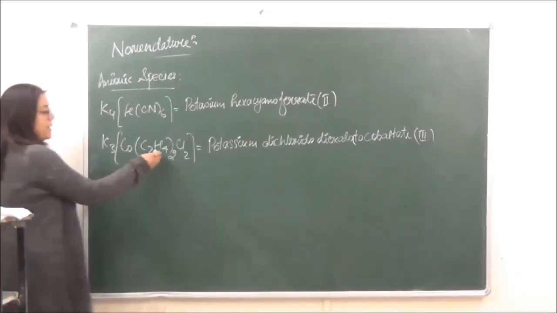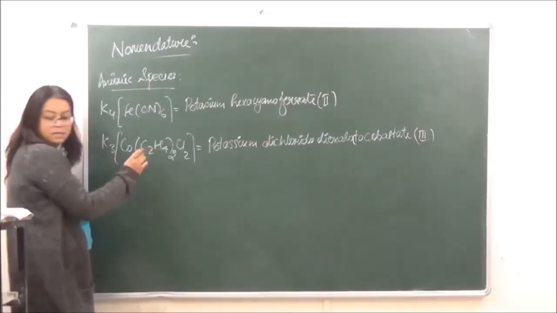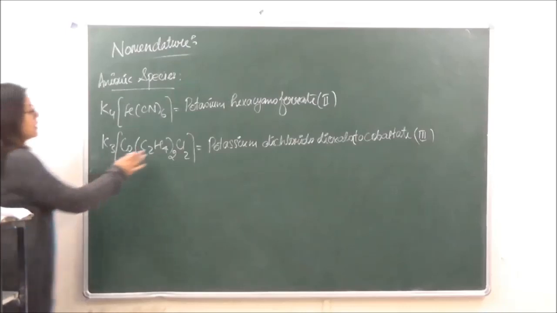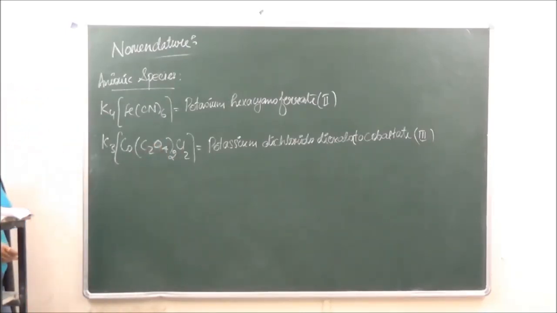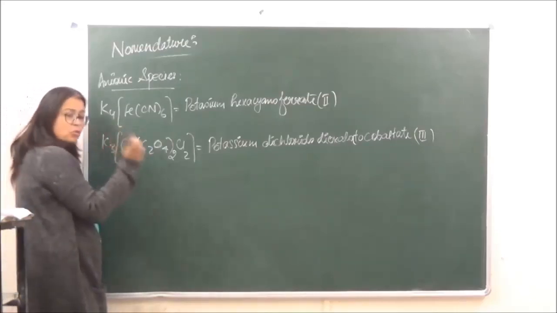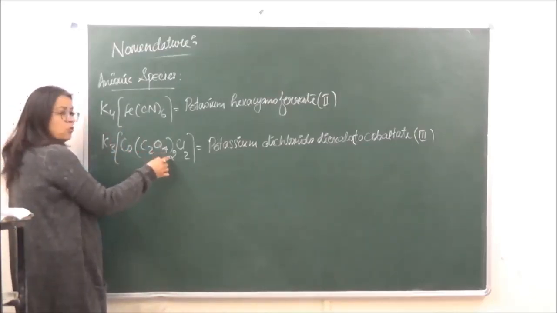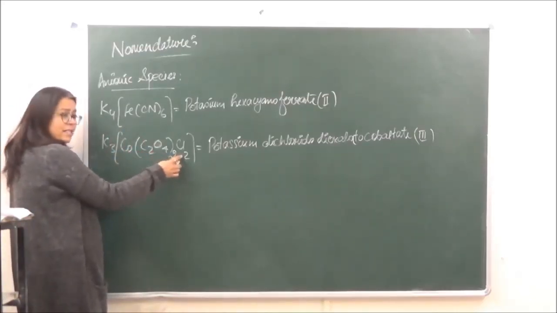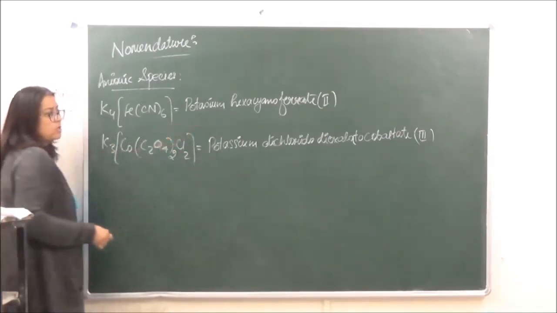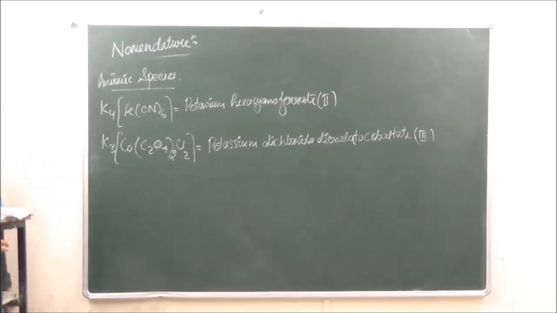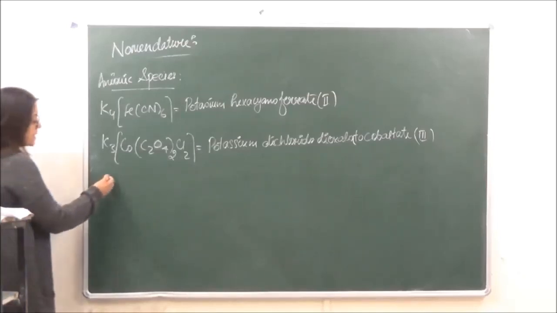Okay? Here oxalato is given, so you have to take C2O4, not C2H4. C2O4 oxalate has 2 negative charge, 2 into 2 is 4, and this 2 makes 6, minus 6 plus 3, that is equal to 3. So the oxidation state comes as 3. Okay?